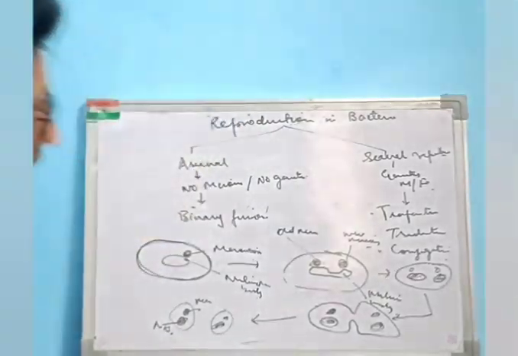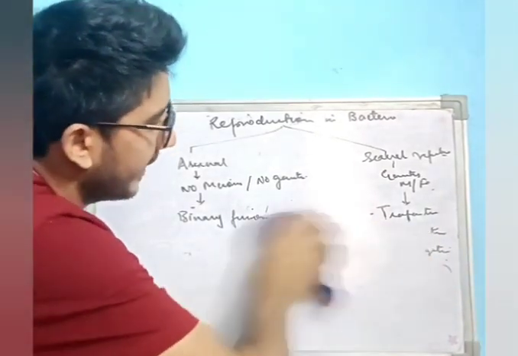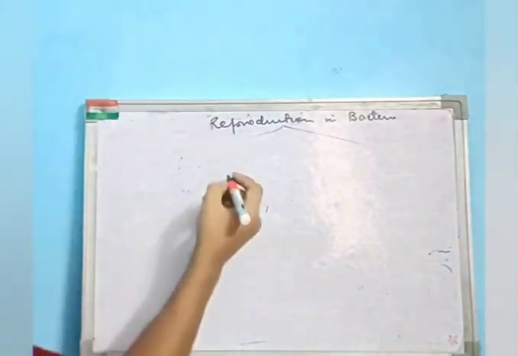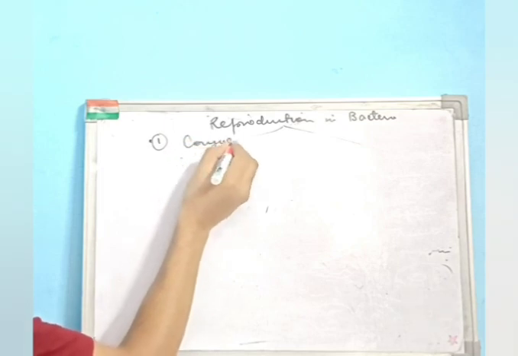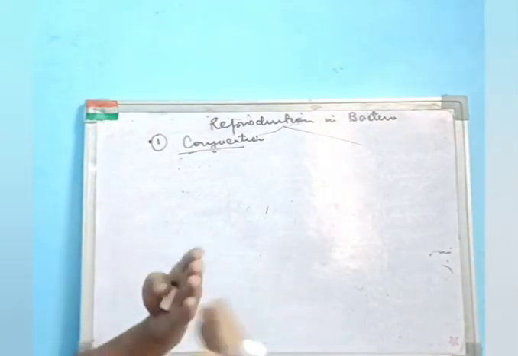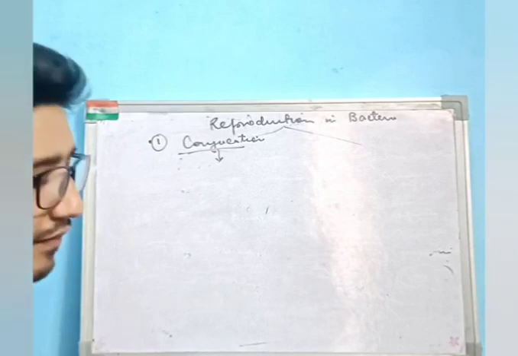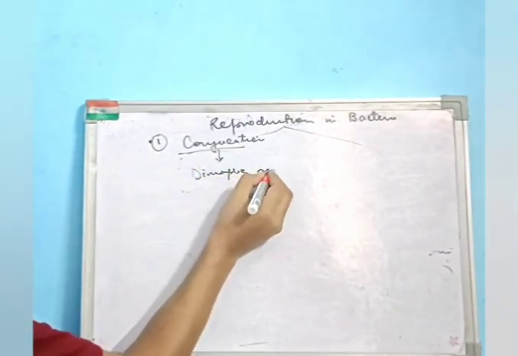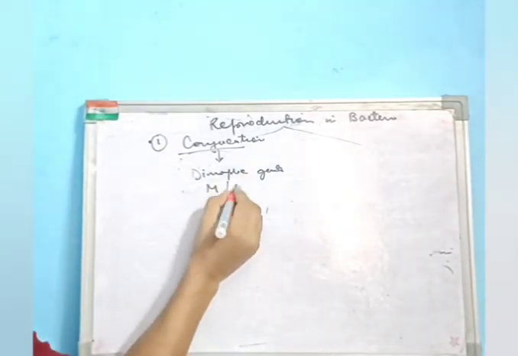So let's talk about sexual reproduction in bacteria, which mainly takes place first with conjugation. Conjugation means to conjugate with another cell. In conjugation, bacteria have two dimorphic gametes, like male and female bacteria.